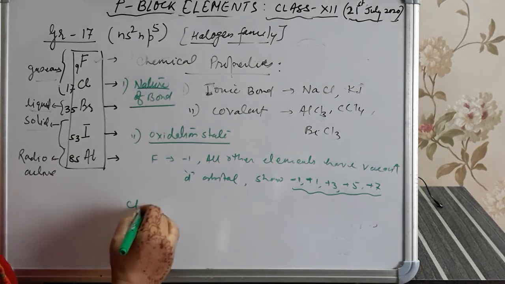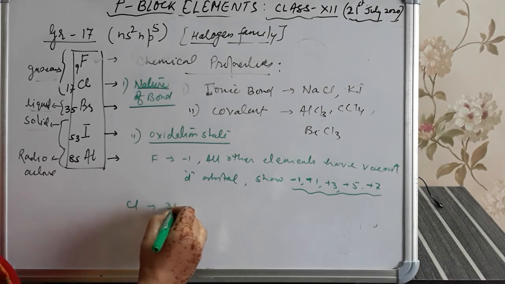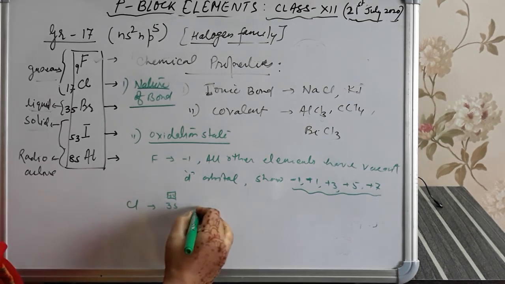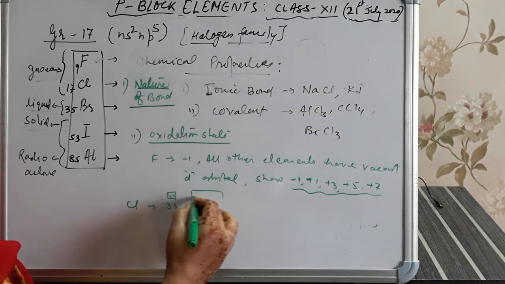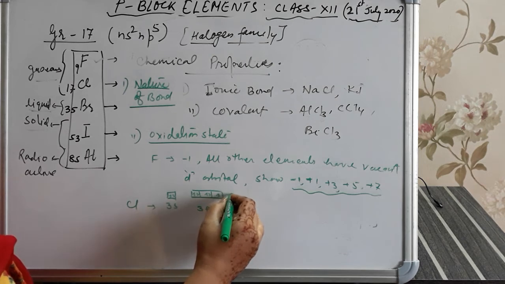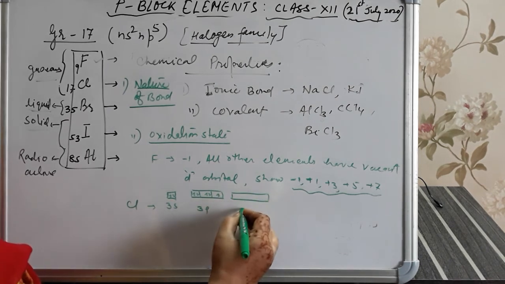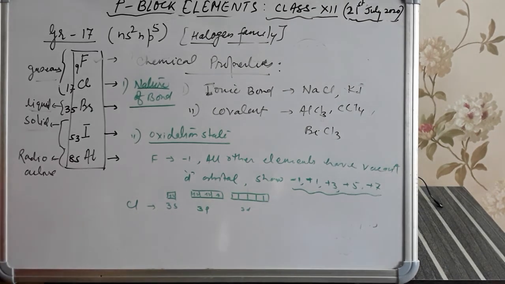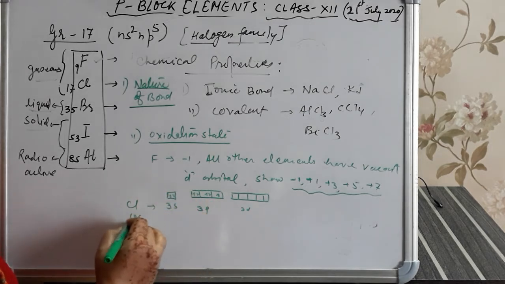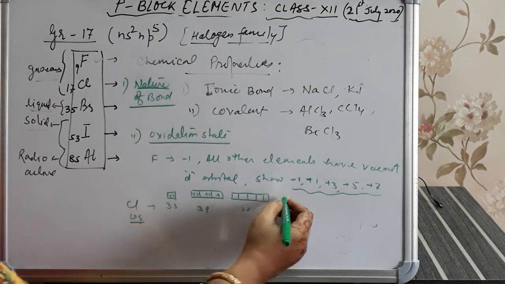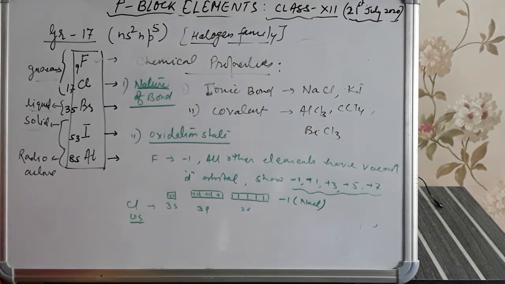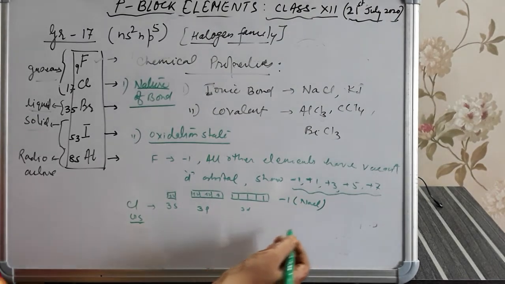Suppose chlorine in the ground state, we write the configuration 3s2 3p5, and it has vacant d orbitals, that is 3d, 1, 2, 3, 4 and 5. In that condition, at the ground state it has one unpaired electron, so it shows -1 with electropositive elements like NaCl or potassium chloride, and so on.